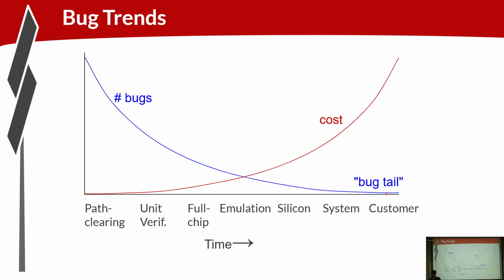When you have a piece of silicon in a customer's hand and you stumble over the Intel floating point bug, that costs you big time. So it's this kind of progression, somewhat exponential in nature, of the number of bugs versus the cost of the bugs.